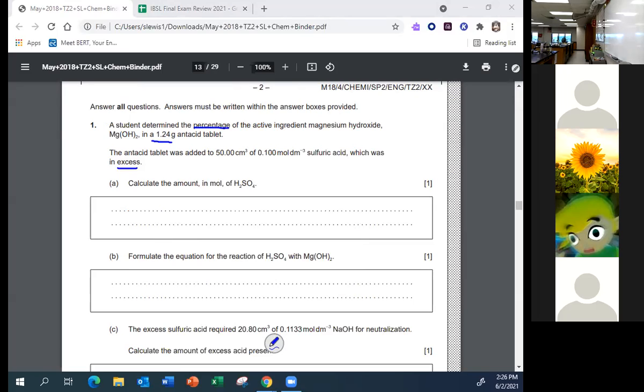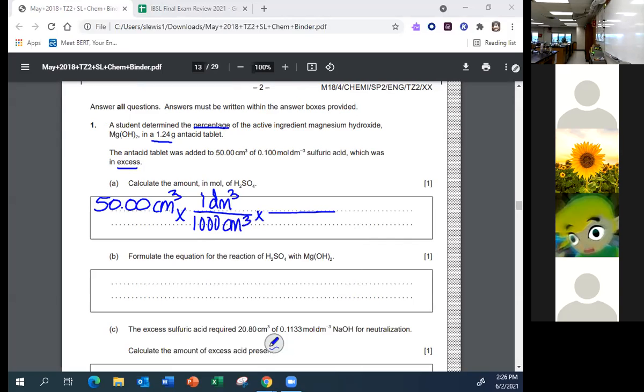Part A, the sulfuric acid is 50 cubic centimeters. You don't have to show all these steps, but if we want moles and we have molarity, this has to be in cubic decimeters, so you move the decimal point.